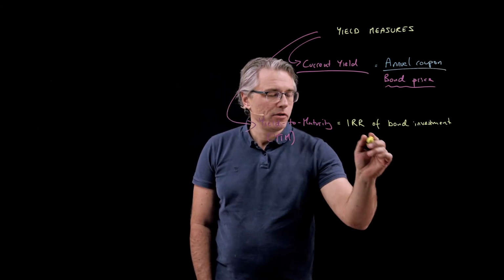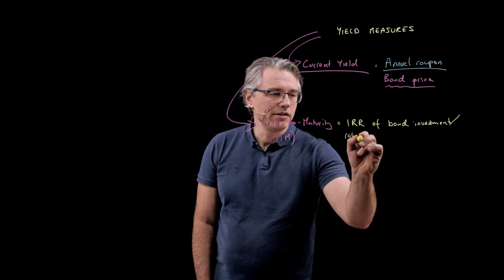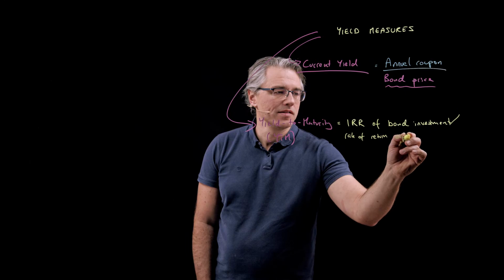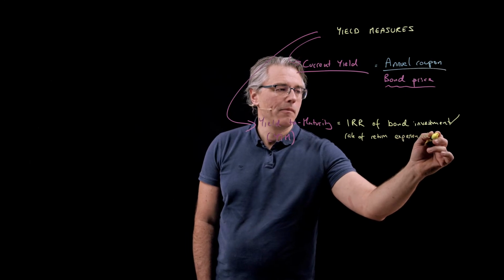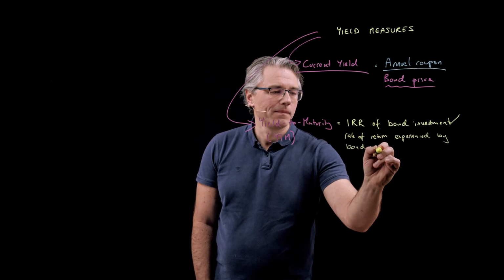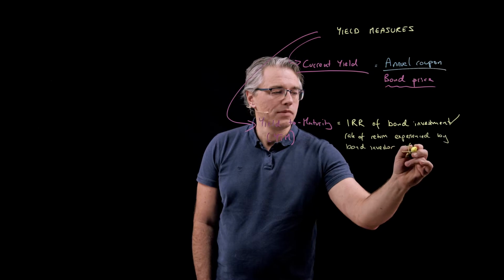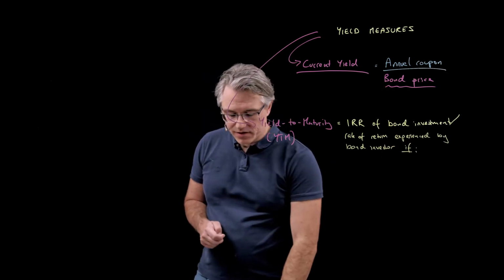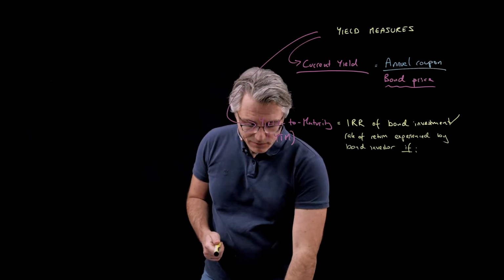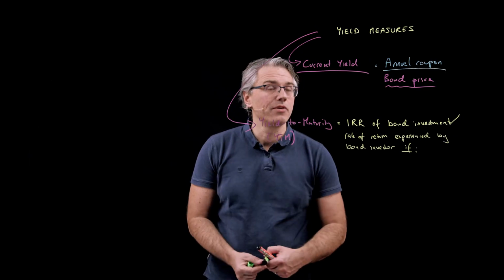So IRR of bond investment, meaning it's kind of the rate of return experienced by the bond investor, but already I want you to be aware of certain limitations here, certain conditions that need to hold true in order for this to really be a good measure of the rate of return as experienced by the bond investors.